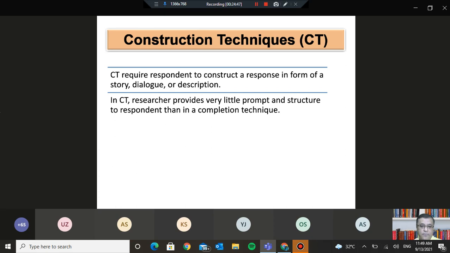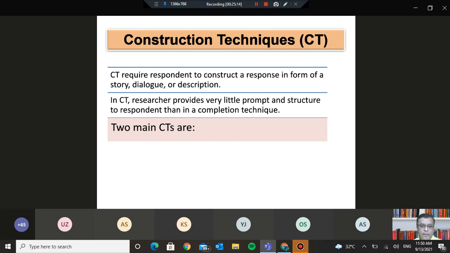Here the researcher will be providing some kind of stimulus, which may be a prompt, a little prompting on the part of the researcher, and a structure to the respondent, and then the expectation is that a lot of things will be shared by that individual, and based upon the response you will be able to uncover a number of things.